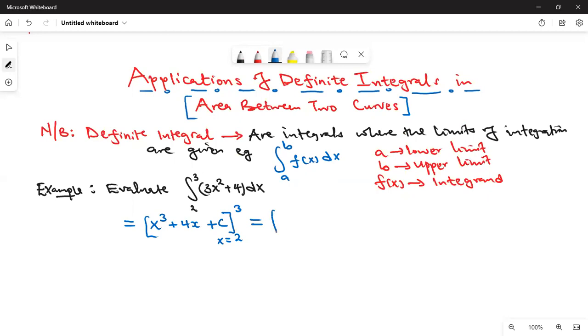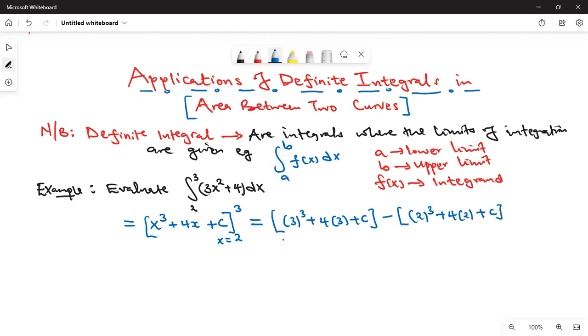So we'll be talking of 3 cubed plus 4 times 3 plus c. C is a constant. Then subtract when you plug in the lower limit, which is 2. So we'll now talk of 2 cubed plus 4 times 2 plus c.